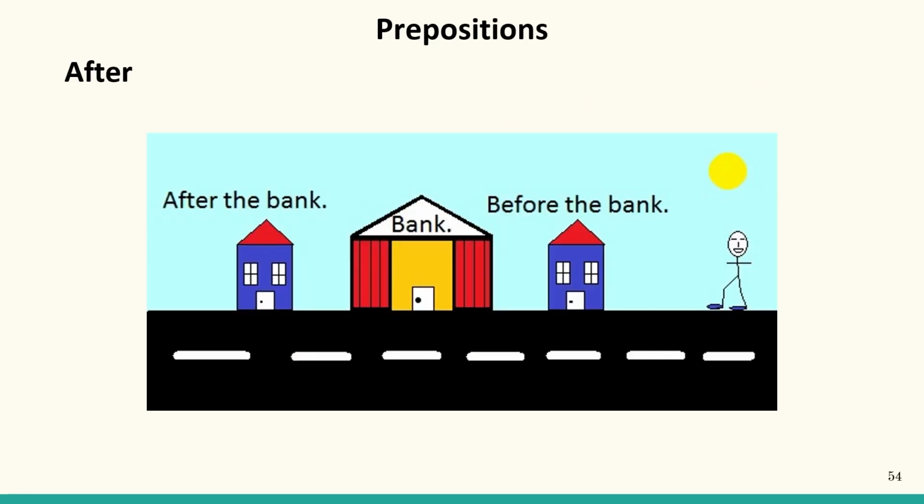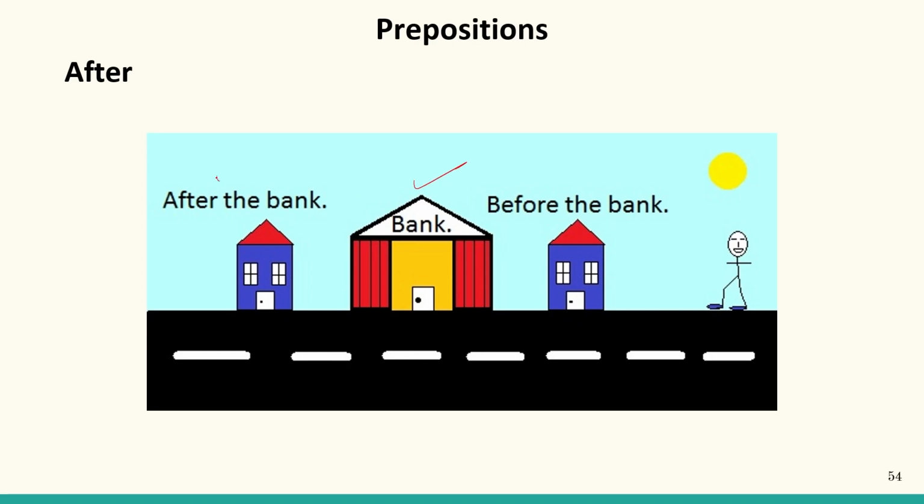Now let us see another preposition, that is after. Now after can be used to show the position, to state the time. For example, I'll go after lunch. She had come before 2 o'clock. My home is after the bank. Now, as you can see in this image, this is a bank.